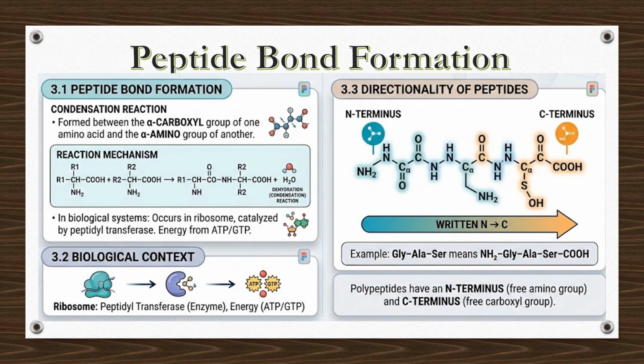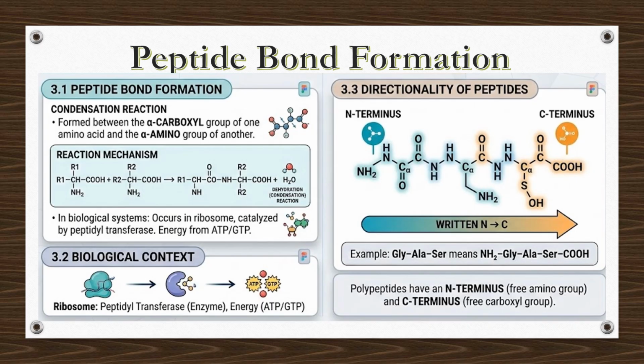The peptide has two distinct ends: the N terminus with a free amino group and the C terminus with a free carboxyl group. By convention, sequences are always written from the N to C terminus. During protein synthesis, chains also grow in this direction.